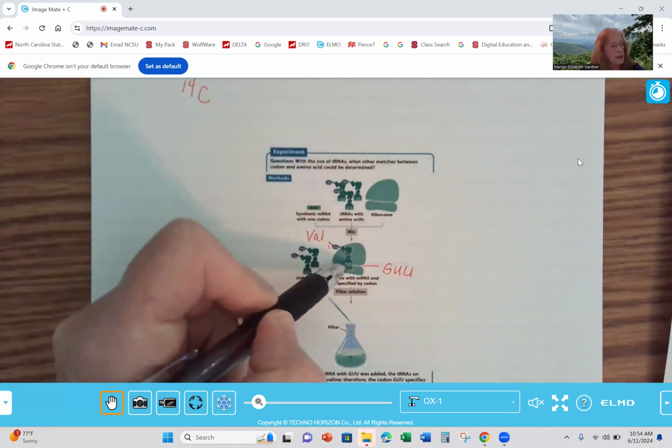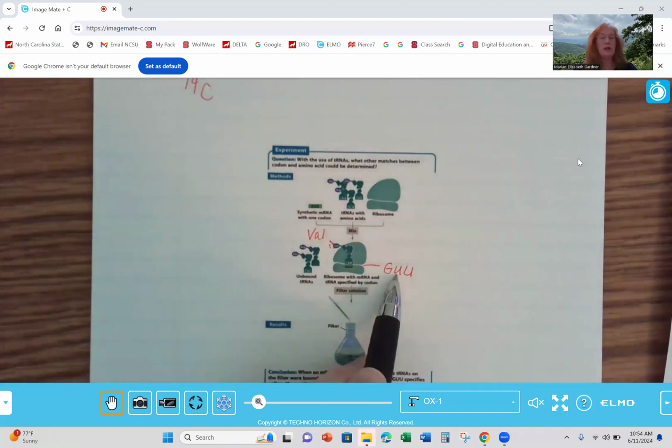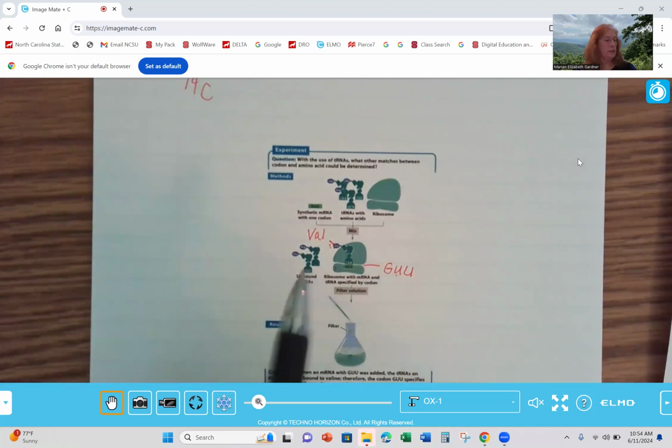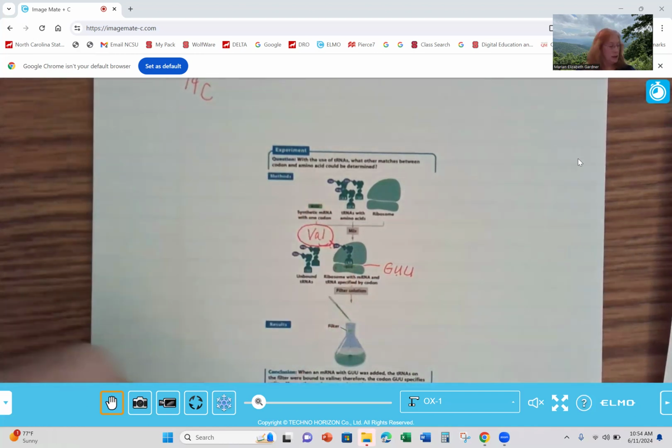And so this is the transfer RNA hooked to valine. And if valine was a radioactive amino acid in that particular tube, the filter paper would be radioactive. So with all of the 20 different tubes that coded for GUU, the only tube where the filter paper was radioactive was valine. And that indicated that the codon GUU coded for valine.